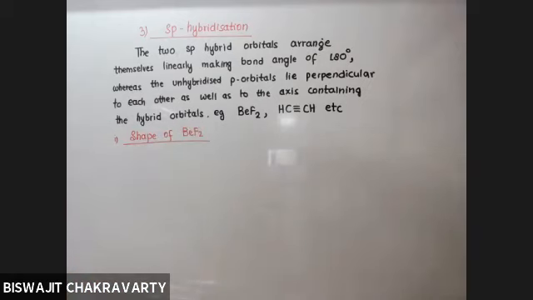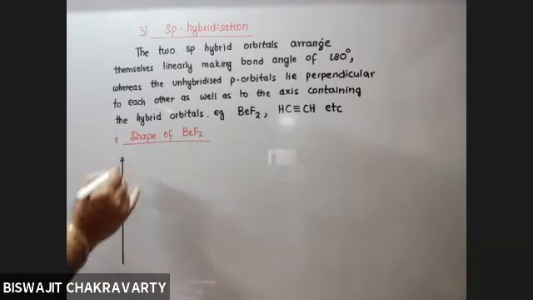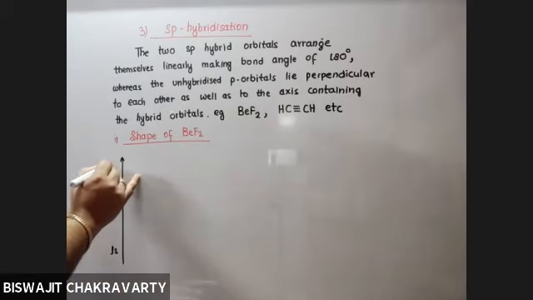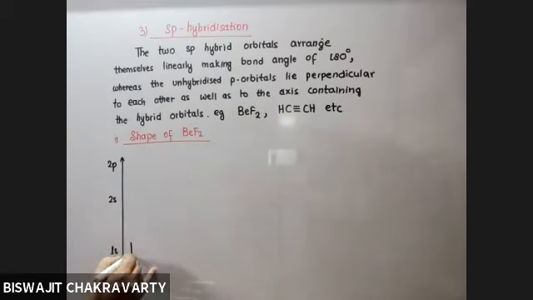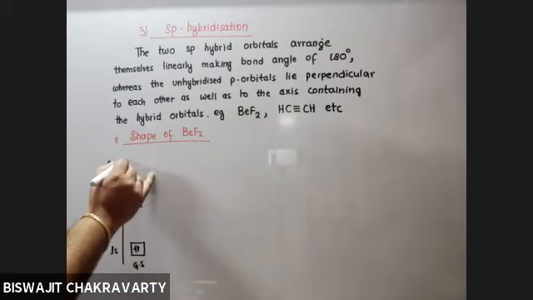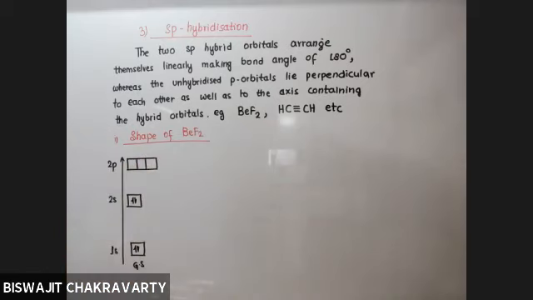So because beryllium is the central atom, we are going to discuss the energy diagram for beryllium, whose ground state electronic configuration is 1s2, 2s2, 2p0, because its atomic number is 4.